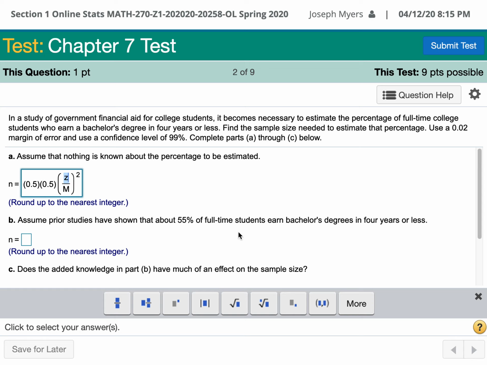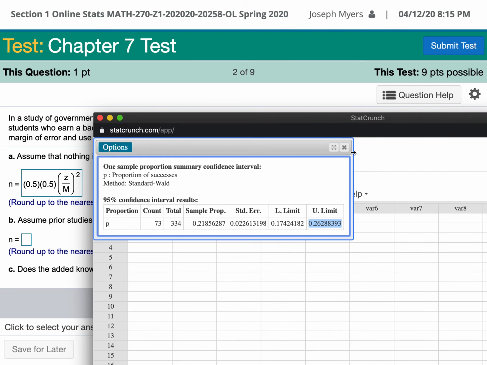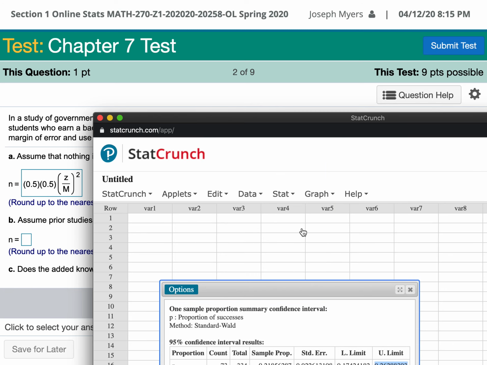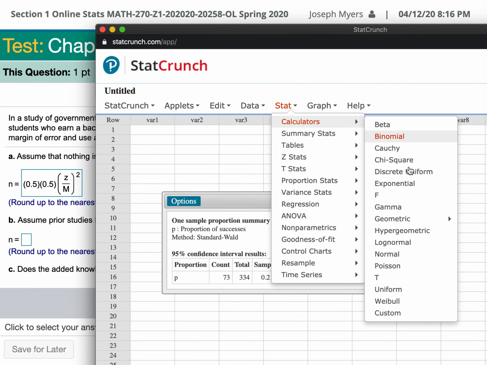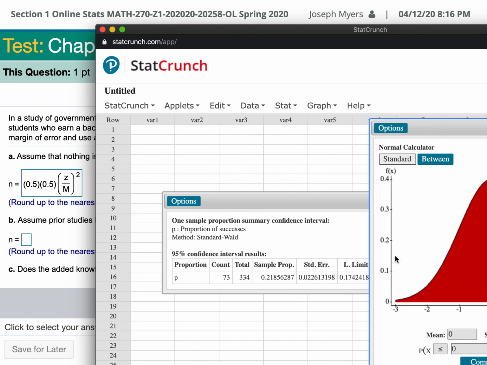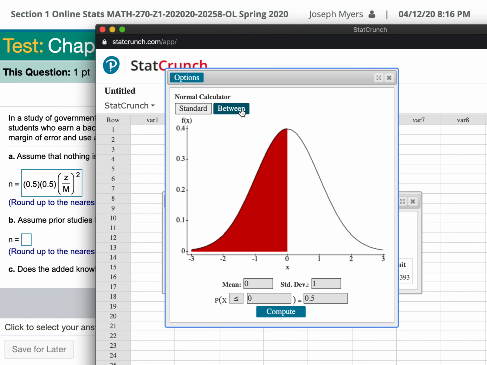And then the Z value for a 99% confidence level, I believe, is 2.576. But let me just look that up real quick just to make sure. So stats, calculators, normal calculator, and then click between.